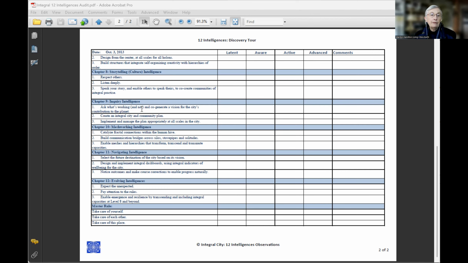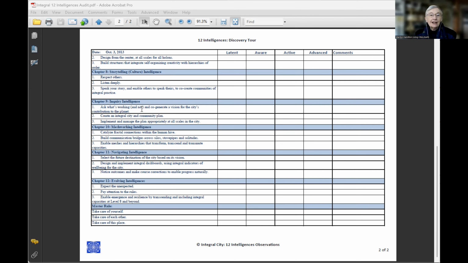The second element is building communication bridges across silos, stovepipes, and solitudes. So meshworking holds the possibility that we can work together across all of these forms that tend to happen when we contract around a particular way of doing things.